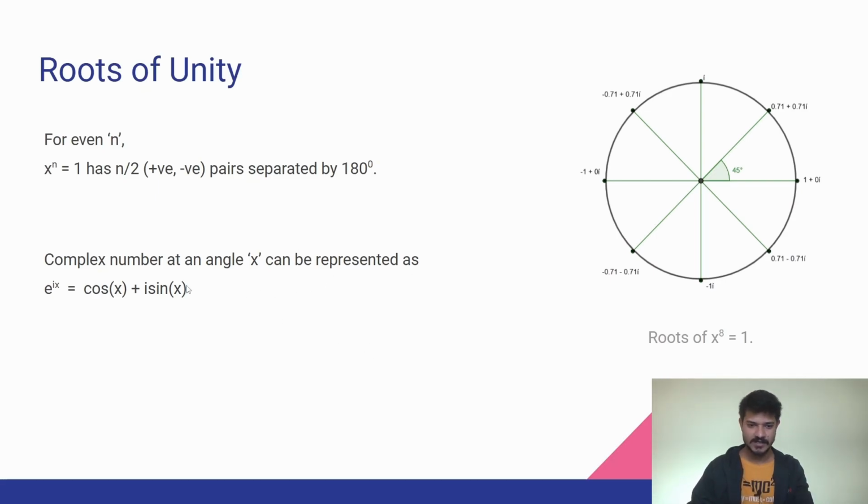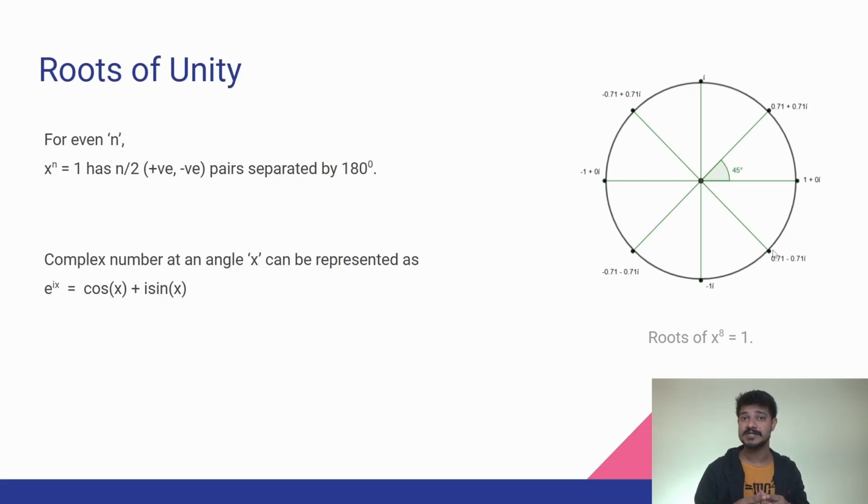So the thing is that if n is even, the solution of this equation has n by 2 positive negative pairs that are separated by 180 degrees. For example, this and this, these two are vertically opposite, and they are a positive negative pair. For example, this and this, and this and this, all of those form positive negative pairs.